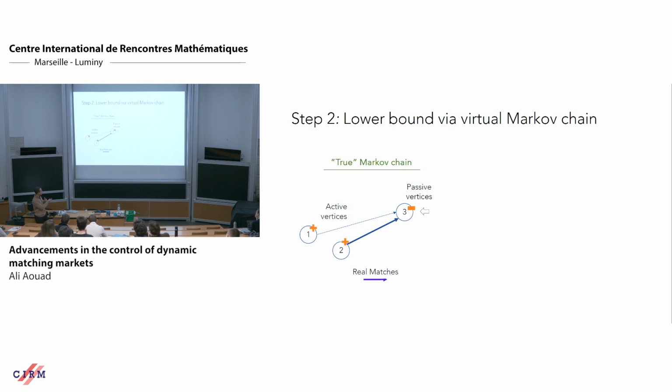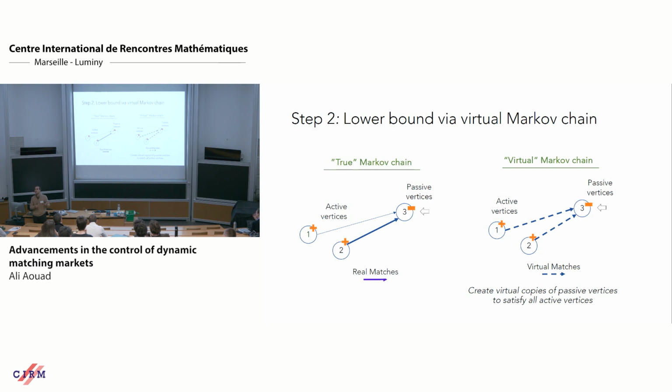Well, we just assume that we're greedy, so that we pick the one that has higher reward, and we just ignore the fact that there is contention. We create something we call in the paper a virtual Markov chain. Imagine we could satisfy everyone. We go back to an idealized world where we can focus on one agent and assume they can always be satisfied. This is a very crude approximation because we're assuming that we have copies and can satisfy all the agents.